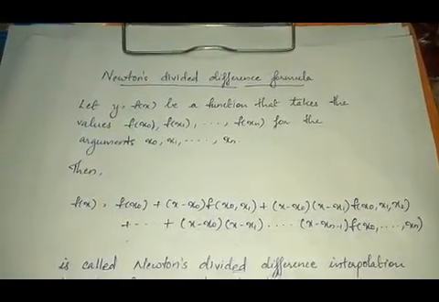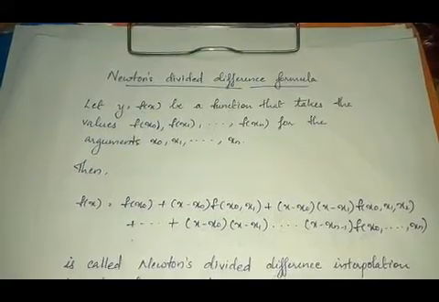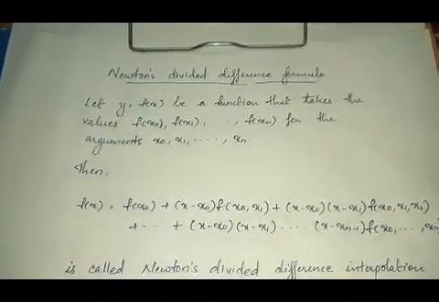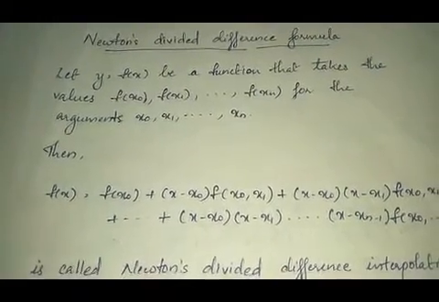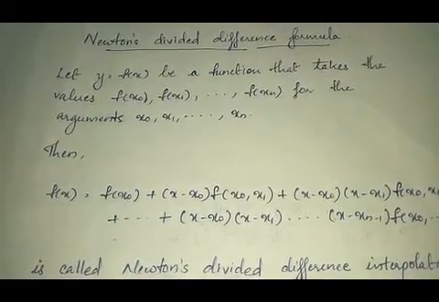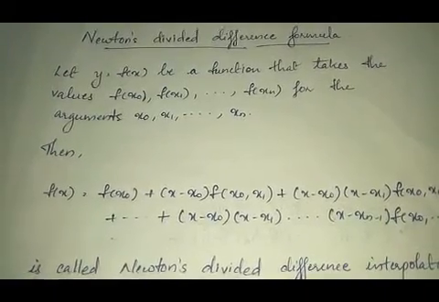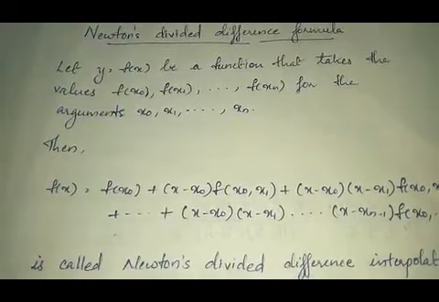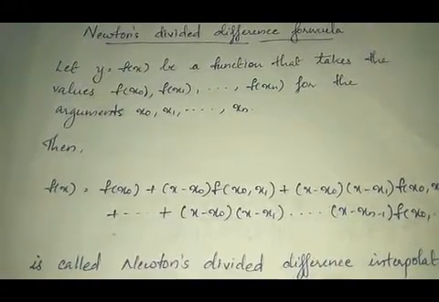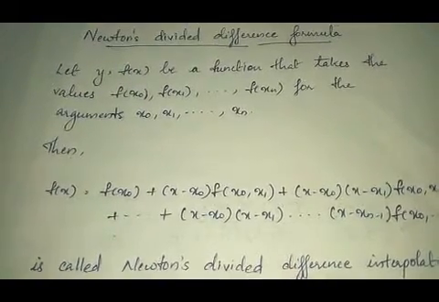Now look at the formula. The first term is f of x0, that is the first value of y. Then the second term contains x minus x0 into f of x0, x1. Now what is f of x0, x1? F of x0, x1 is the first divided difference value, the first difference, which is represented as f of x0, x1.